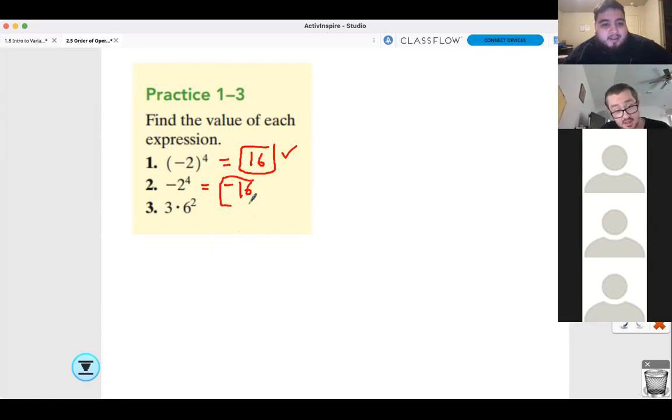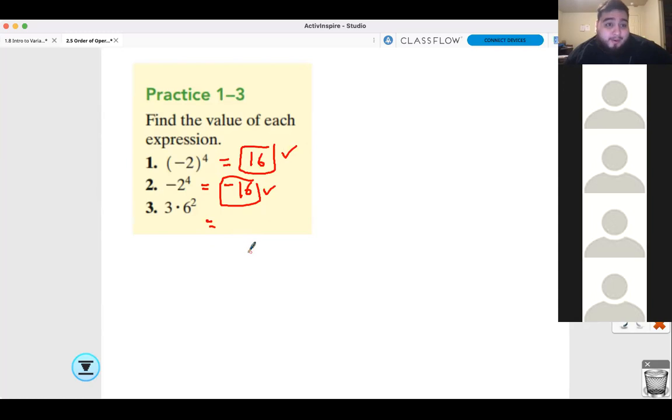Agree. Excellent class. What does everyone think about number 3? 108. Anyone agree or disagree? Definitely agree. Excellent class. Very proud of everyone. If you agreed with all these three answers, you are correct.